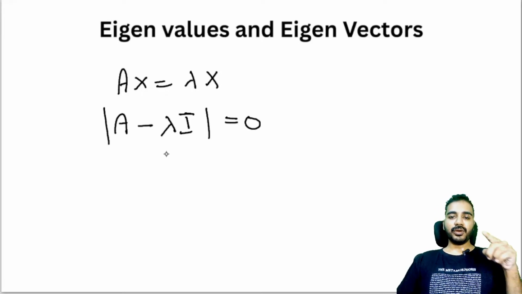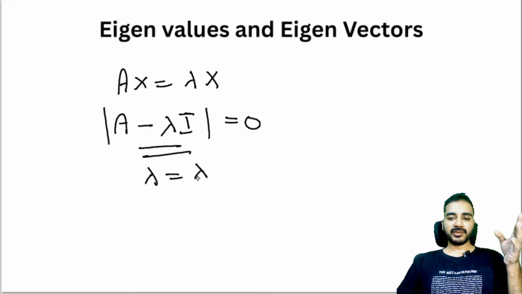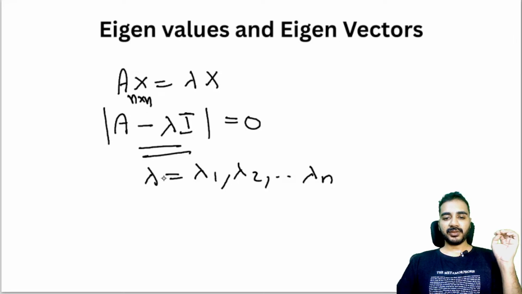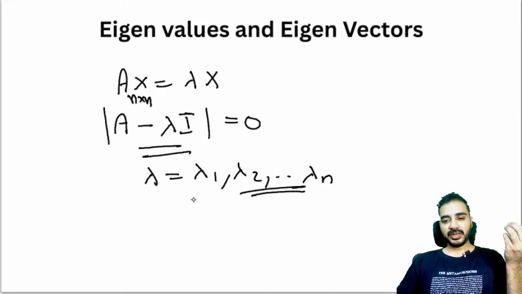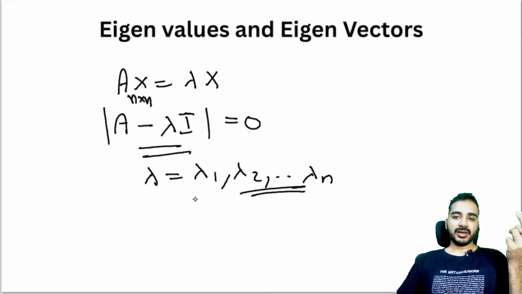By solving this equation, we will get the values of lambda as lambda 1, lambda 2 up to lambda n. If A is an n by n matrix, we will get n eigenvalues. So if the order is 3, we will get 3 eigenvalues.